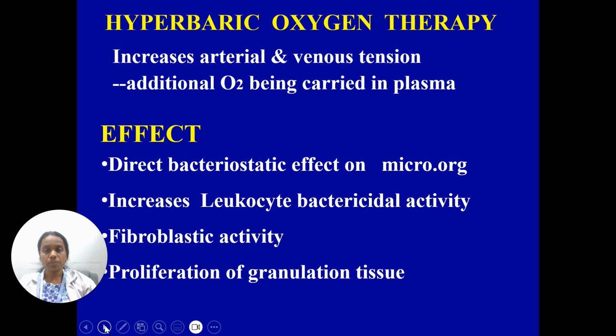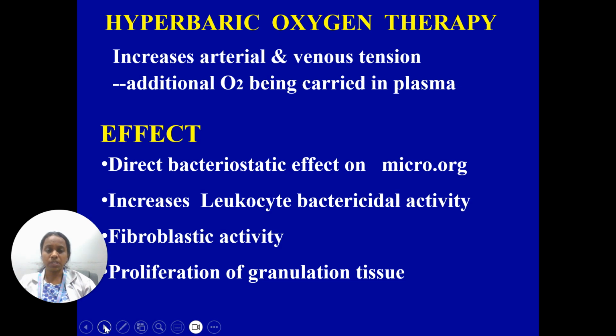How HBO therapy helps is, hyperbaric oxygen therapy increases the arterial and venous tension of the oxygen, which supplies additional oxygen through the plasma to the tissues. It has four prominent effects. First is the direct bacteriostatic effect on the microorganisms, so it reduces the bacterial count in the area.